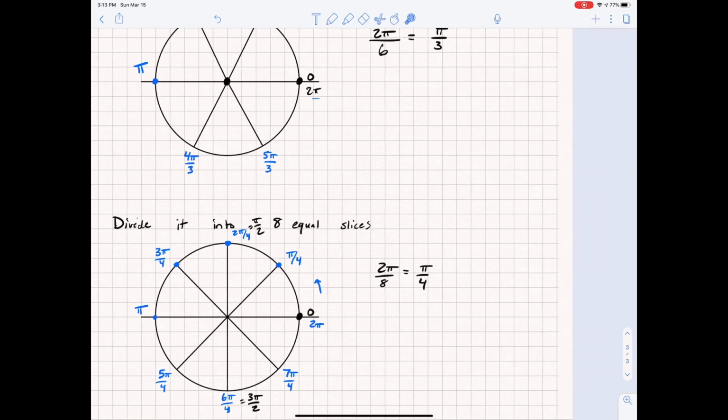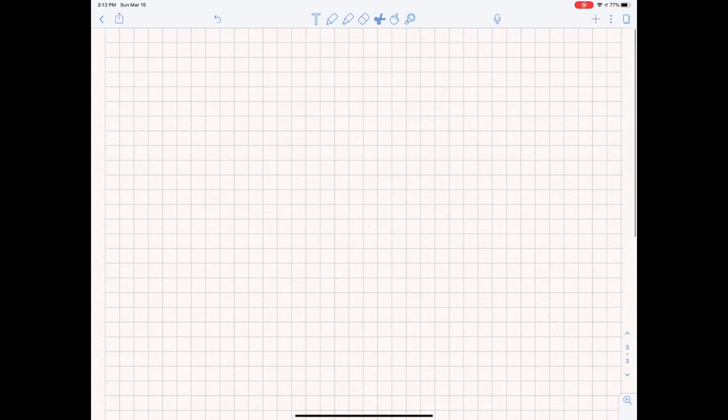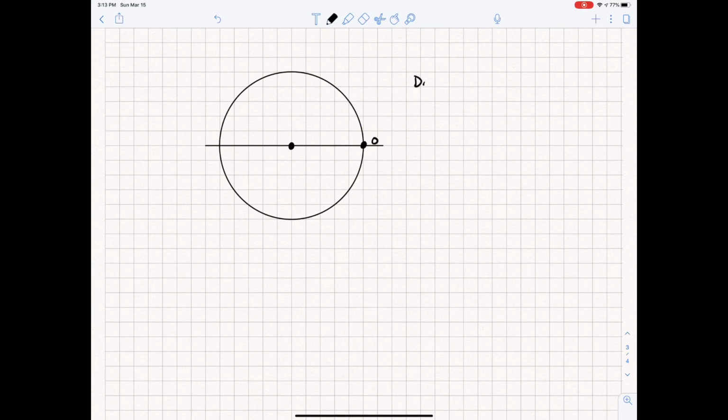The final one, just to get a new page, again, fill in the circle. Here's the center. Is to take this and divide into 12 equal slices.